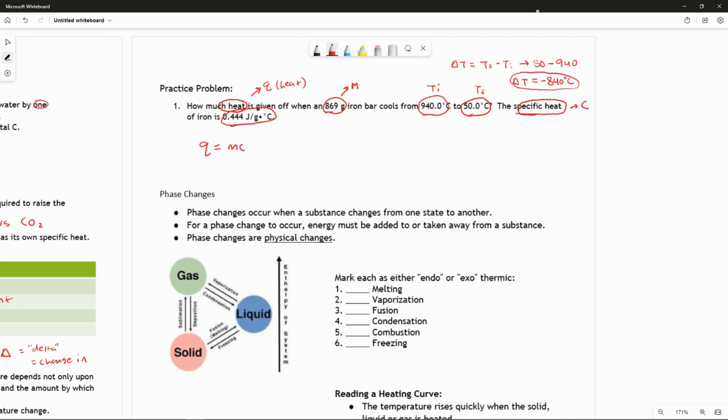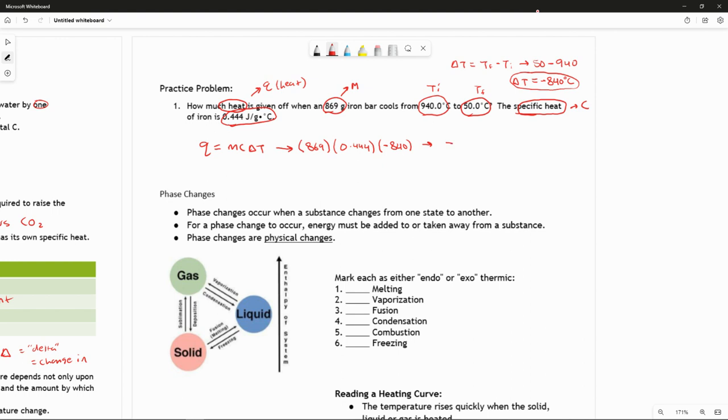Q equals m C delta T, which is MCAT: 869 grams for mass, and then C, which is 0.444, times delta T, which we figured out earlier, negative 840 degrees Celsius.